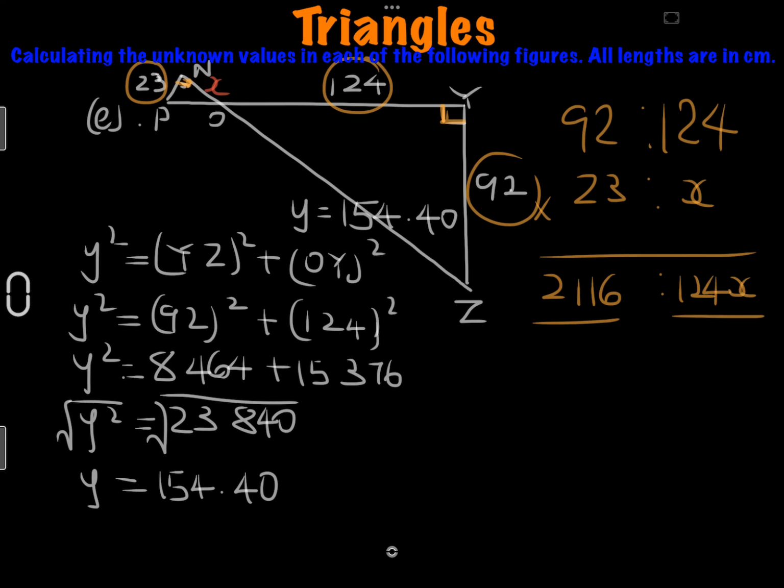So when you divide, 124x divided by 124 and 2,116 divided by 124, the 124 cancels out and x remains. So 2,116 divided by 124, we get 17.06.